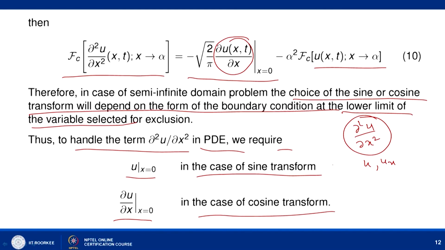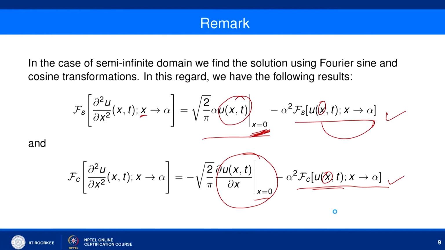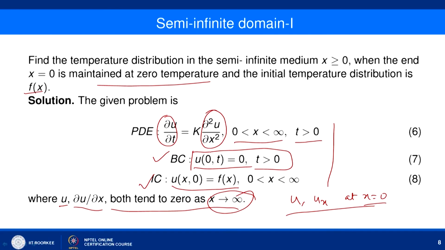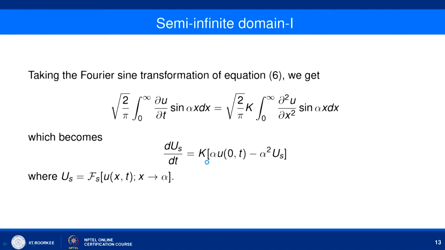Using this observation in our problem we will apply the Fourier sine transform, because the boundary condition is given in terms of u at x equal to 0. So taking the Fourier sine transform of equation 6, we get under root 2 by pi, integral from 0 to infinity of ∂u/∂t sin αx dx equal to root 2 upon pi k times integral from 0 to infinity of ∂²u/∂x² sin αx dx.